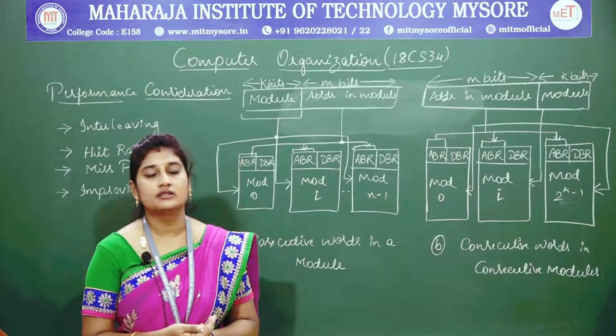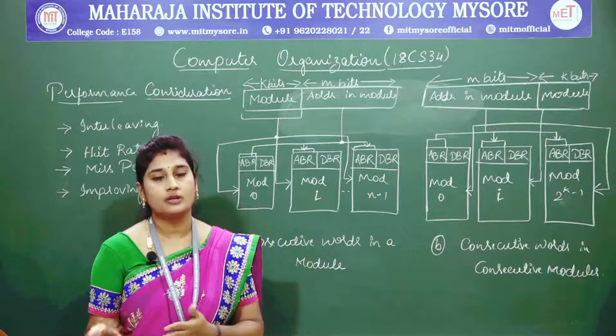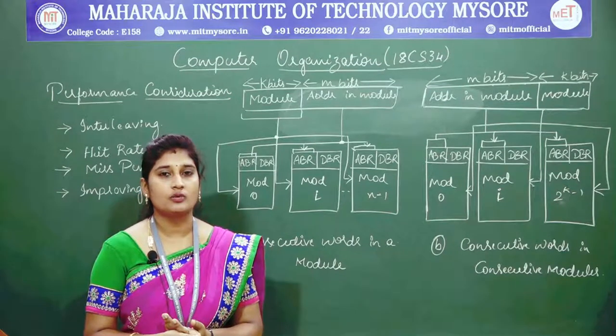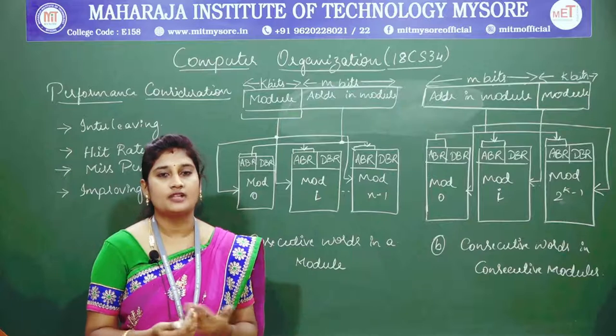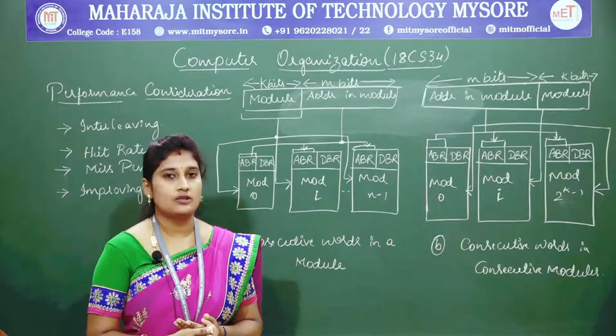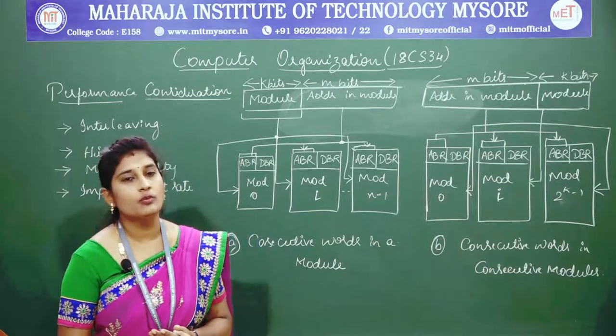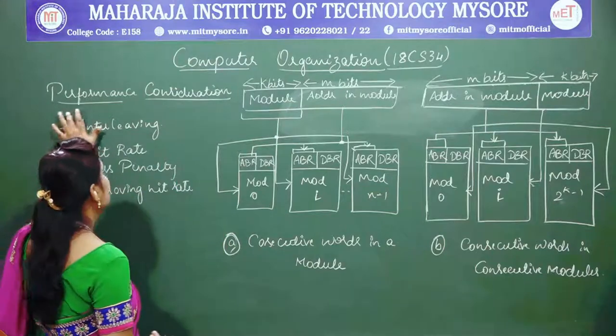And we also stepped on to the mapping functions, that is how the mapping can be done from the main memory to the cache memories based on the speed of transfer. Fine. So in today's class we will be moving on to the next topic, that is performance consideration.